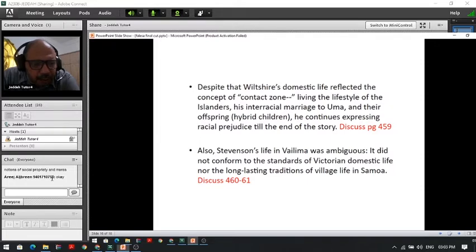So the overarching idea would be the idea of home and abroad, and how those ideas are not presented in a consistent way, if you like.